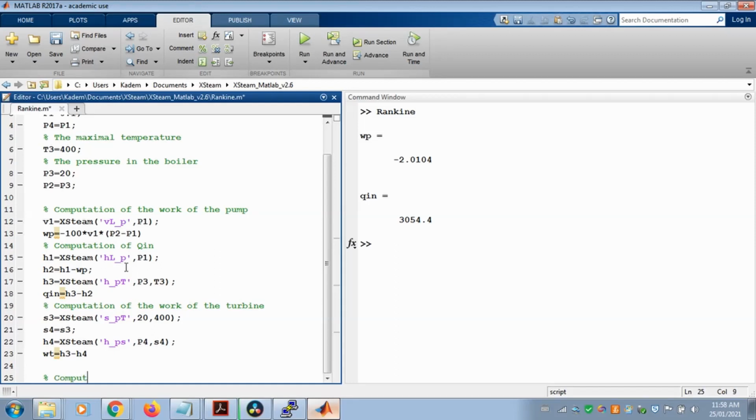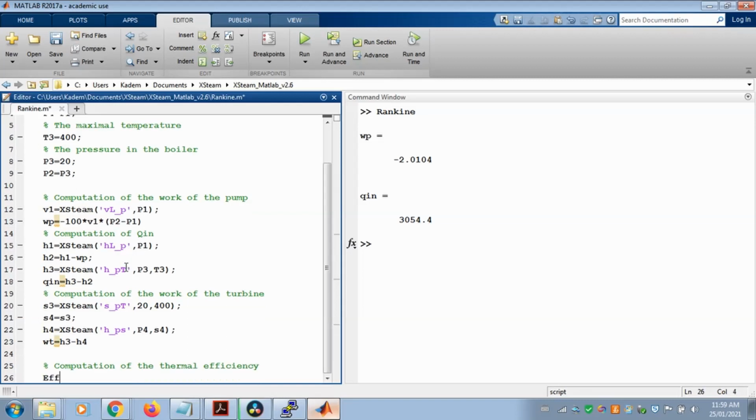So computation of the thermal efficiency. Therefore, we'll be writing the efficiency of the cycle is equal to what? Is equal to the work of our turbine minus, I will put minus, but I will have the work of the pump, the absolute values, okay?